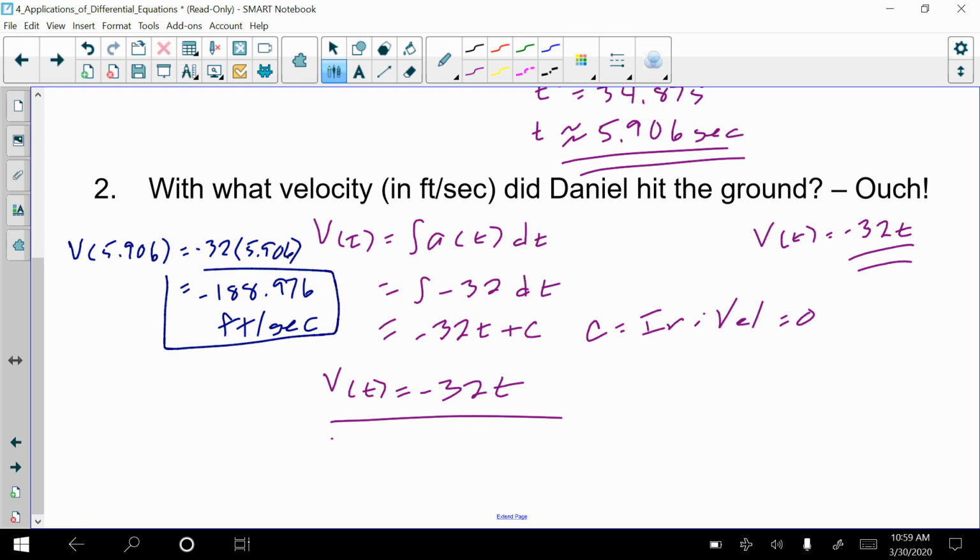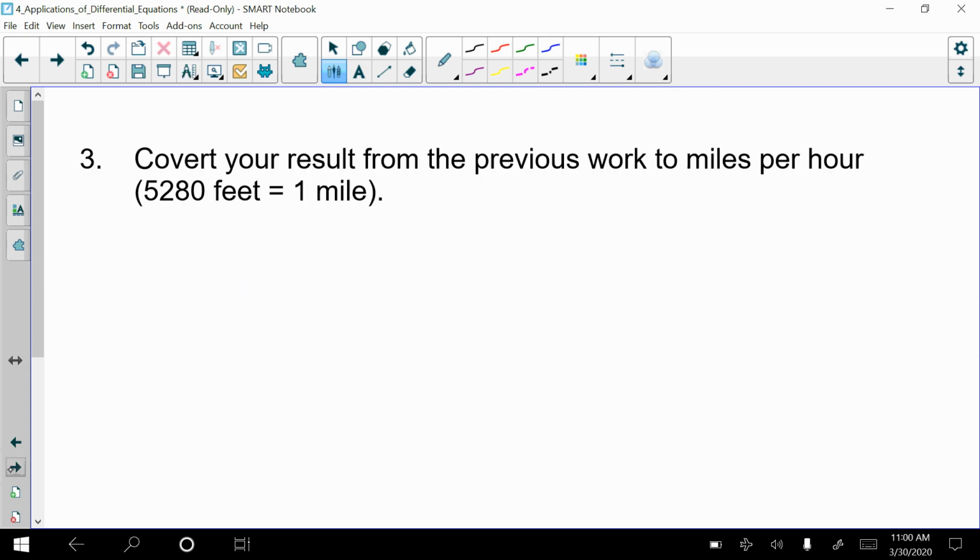So 188, almost 189 feet per second. That's pretty fast. Okay, so there's that one. And again, you really didn't need the calculus to get it started, but we're talking about calculus, so I'll show you where it came from.